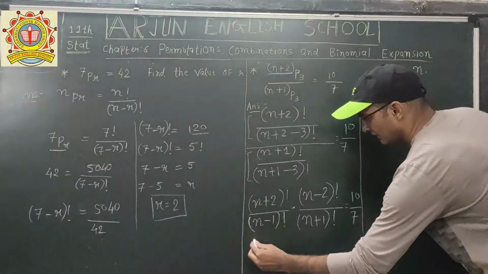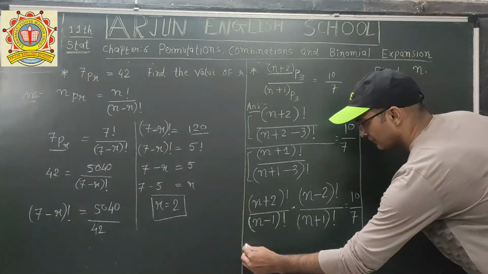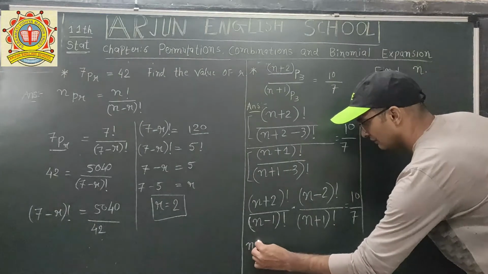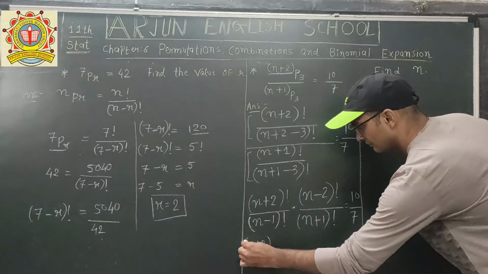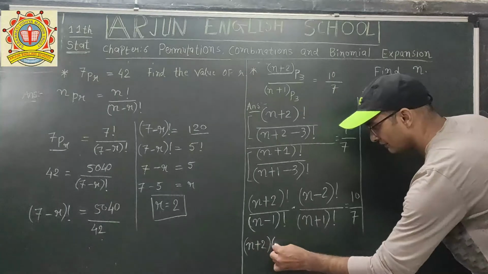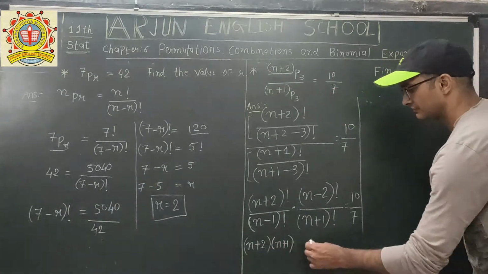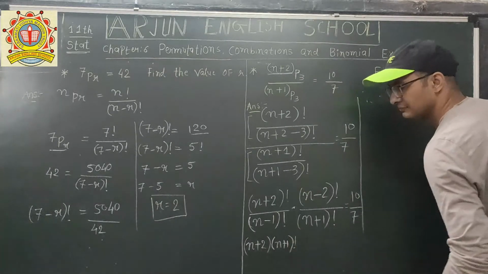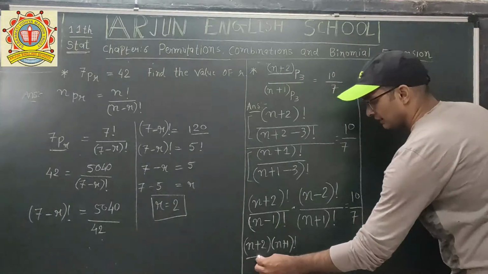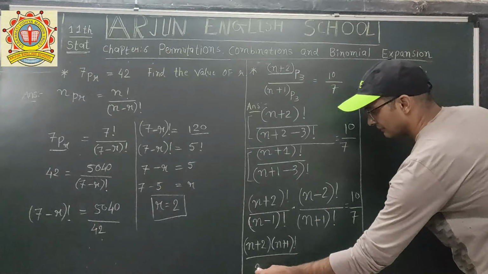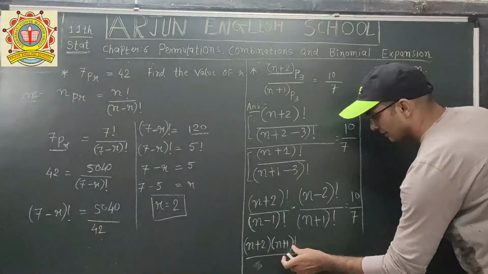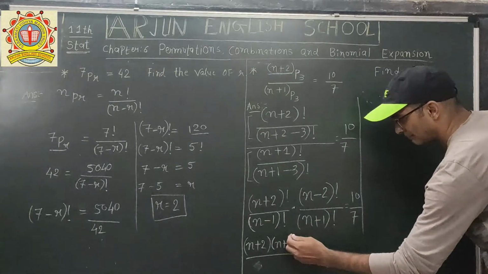Like here it is (n plus 2) factorial, then we can write n plus 2 in descending order, n plus 1 factorial. In the denominator it is n minus 1.